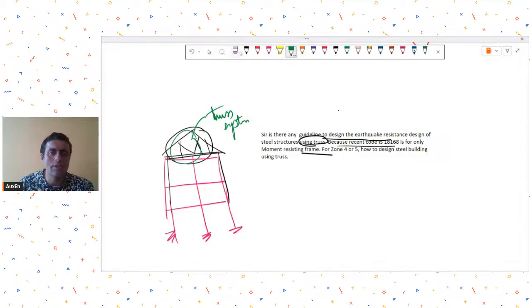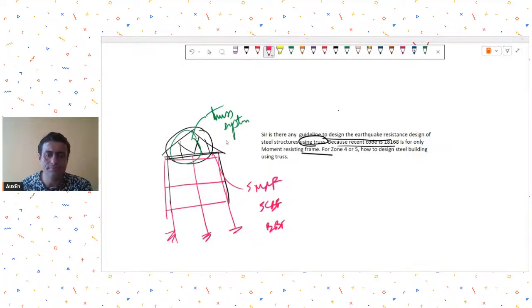Your magenta color is your moment frame, SMRFs or SCBFs or EBFs, whatever you are doing. And for the roof, you have a separate system of truss. So you can have trusses in higher seismic zones also.